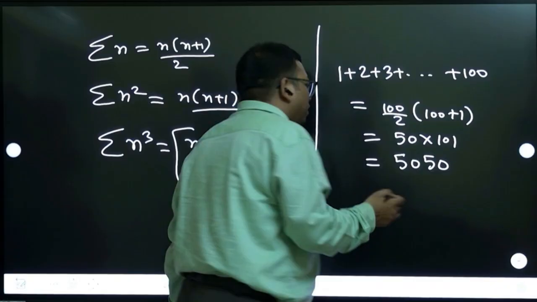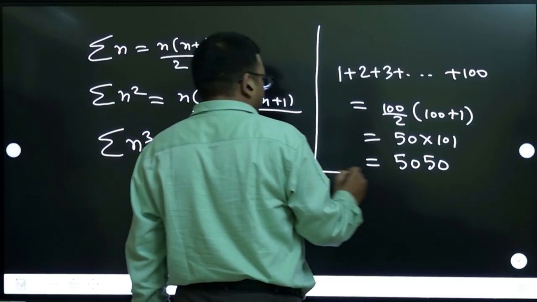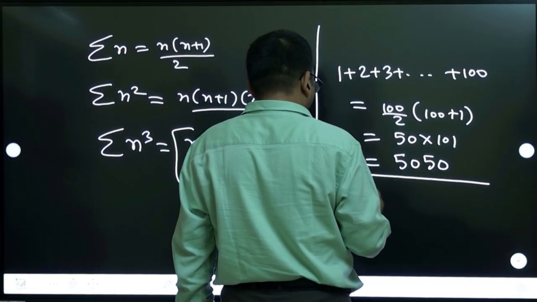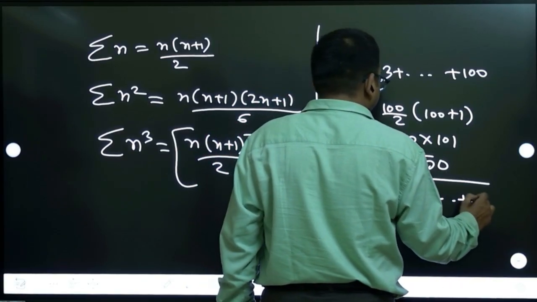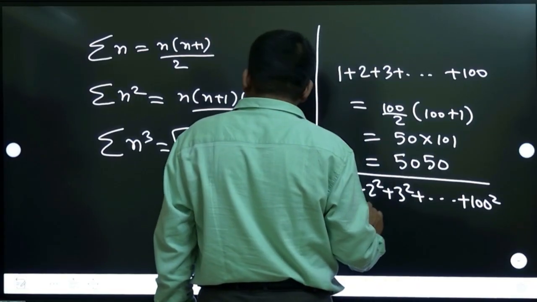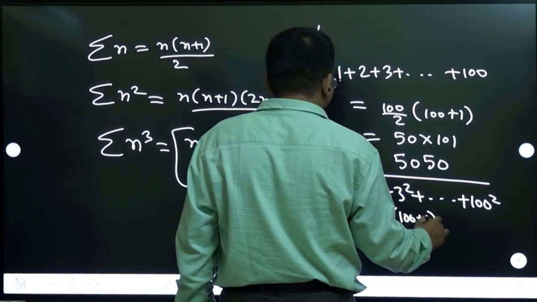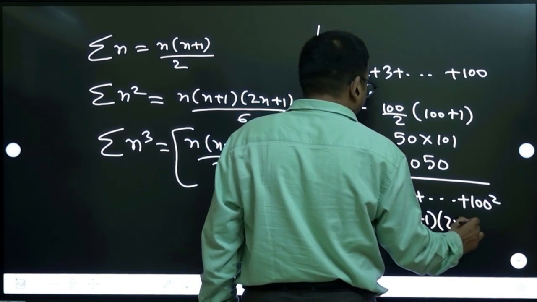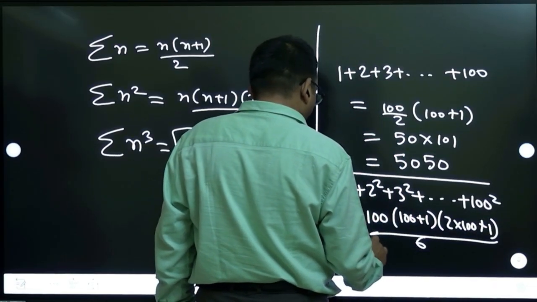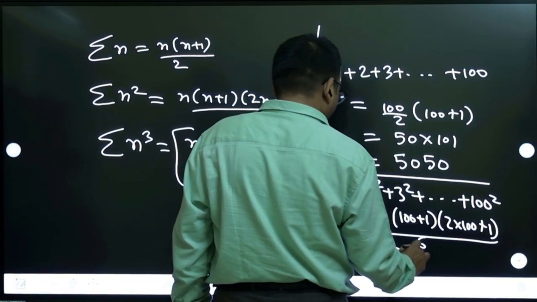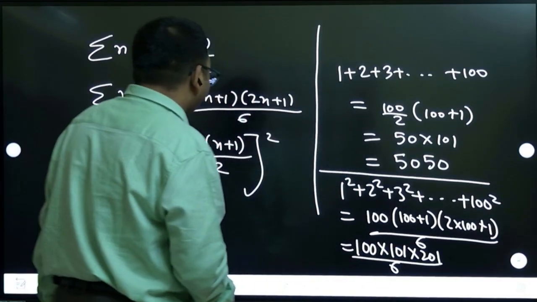So you can solve it: 5050. Like this. Similarly, if it is the sum of squares, let us say they say 1 square plus 2 square plus 3 square plus dot dot dot plus 100 square, you will use this: 100 into 100 plus 1 into 2 into 100 plus 1 by 6. So 100 into 101 into 201 by 6. This calculation you can do.